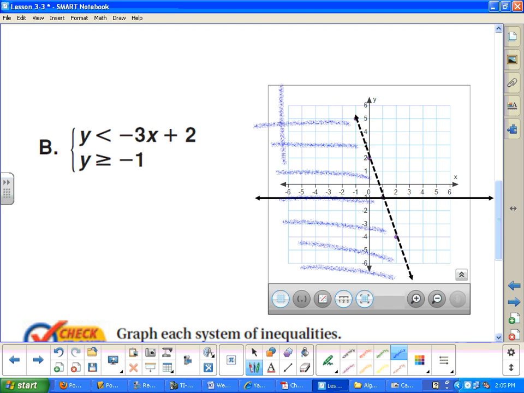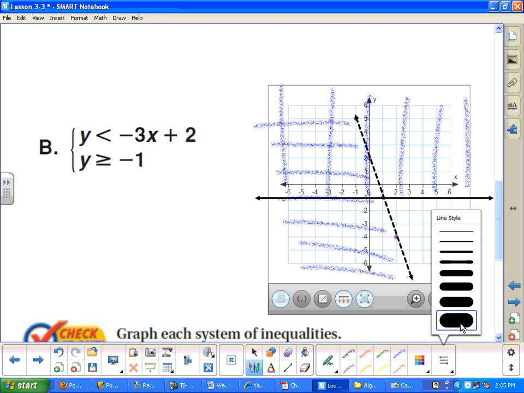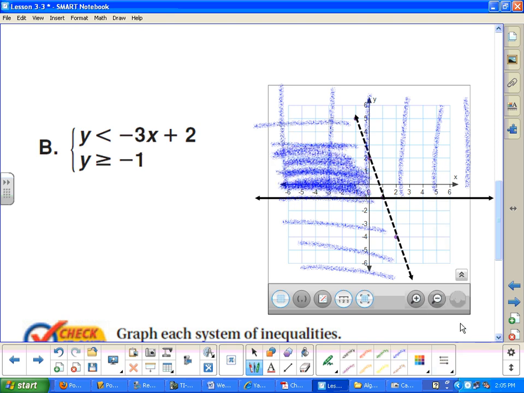So then I could do vertical that way. And so I can see that my answer is where I have the crisscross of them, up here in this area. I like that better than the highlighter. I used to use the highlighter for doing them, and I like that instead.